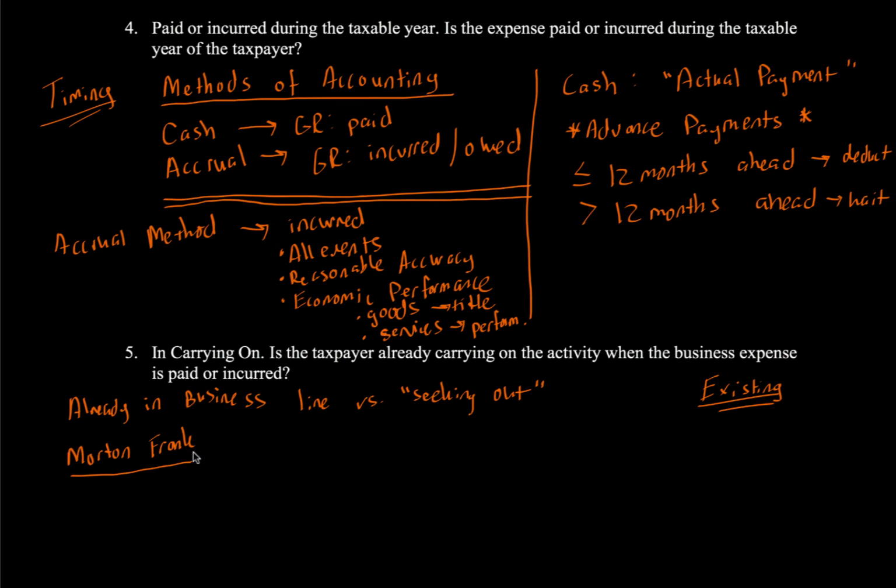The tax court said that because the taxpayer was an employee of the newspaper business and did not own the newspaper business, the taxpayer, even though he was looking to get into the newspaper business and buy his own newspaper business and be an owner, was actually viewed to not be in the business of being an owner.